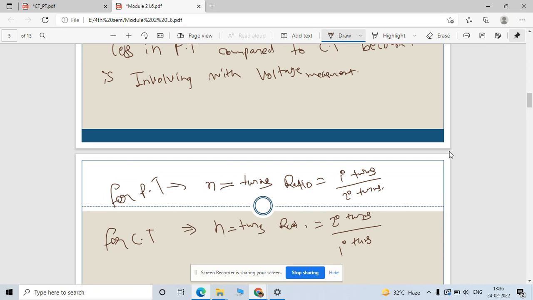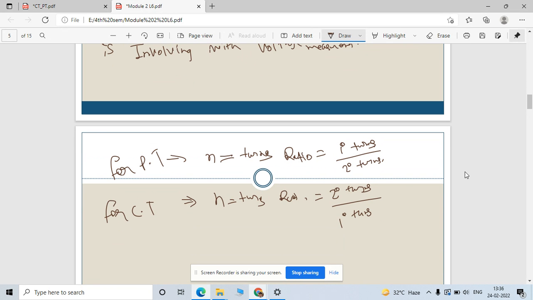Now if you consider CT में सेकेंडरी वोल्टेज हाई होता था, तो सेकेंडरी टर्न्स कितना होता था नॉर्मली, सेकेंडरी टर्न्स इज हायर राइट कंपेयर टू द प्राइमरी टर्न्स इन CT. So this turns ratio for CT is greater than 1. And same case for your PT. For your PT, this is your step down transformer, right?